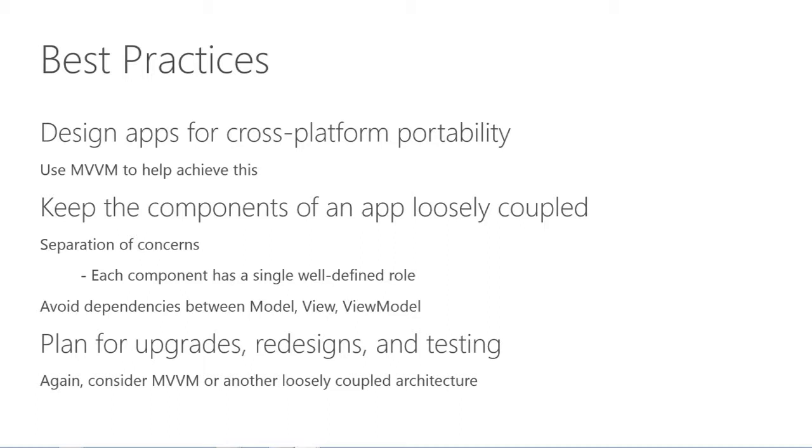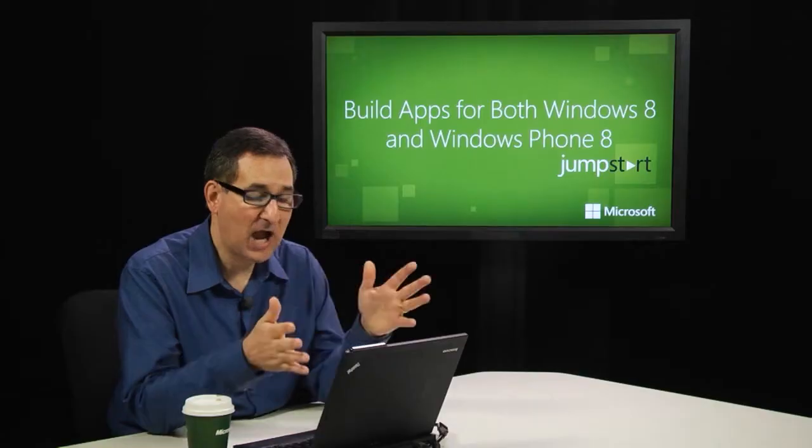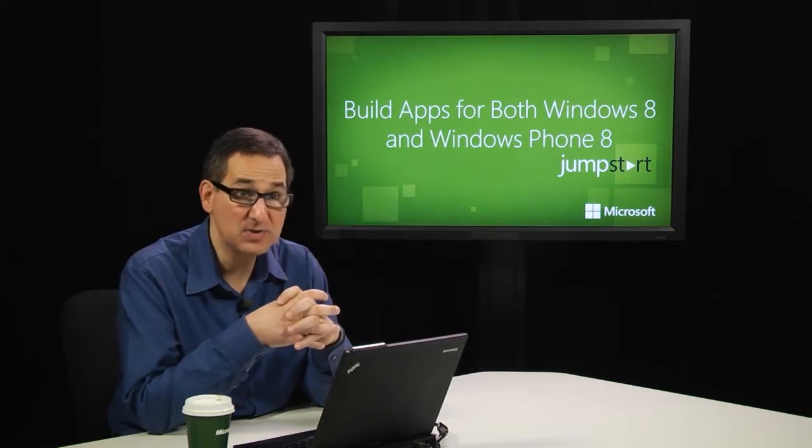If you design using MVVM today, it will make it much easier to port or extend that app, probably with very little effort, to also be a Windows 8 app, in the same way that this Photo Manager app has separated itself out and made itself both Windows Phone and Windows 8 with a high degree of code reuse.